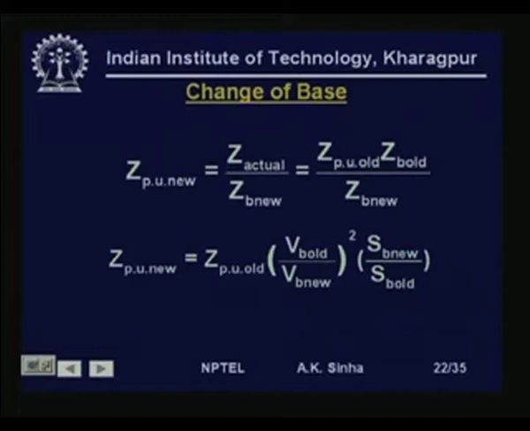In a power system, we also use equipment with various, different ratings, and therefore we need to convert the impedance values from one rating to another, because as I said earlier, the equipment manufacturers will generally specify the value of the impedance of any equipment in terms of percentage or per unit values based on the nameplate rating of that equipment.